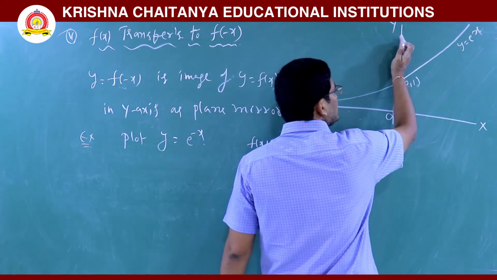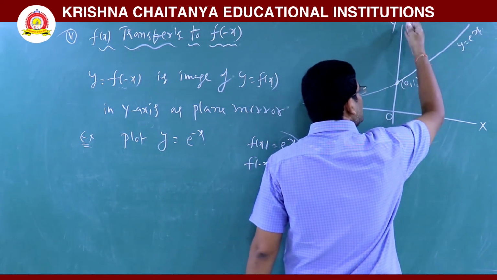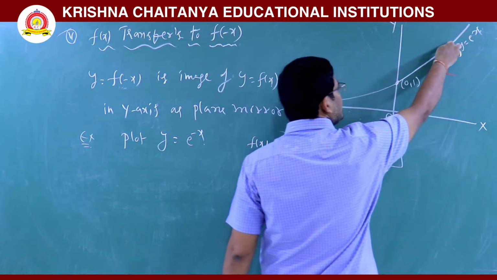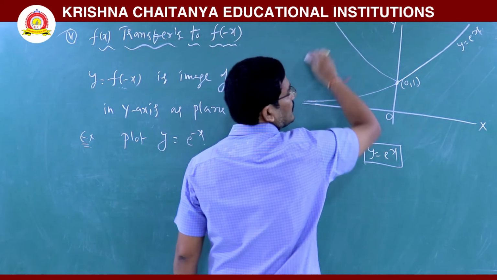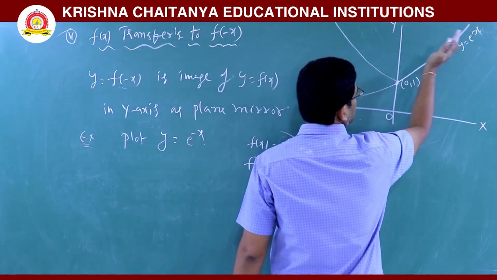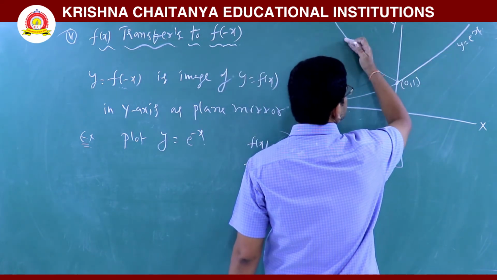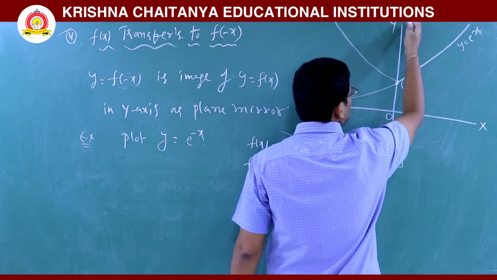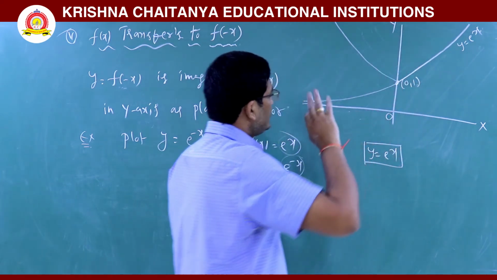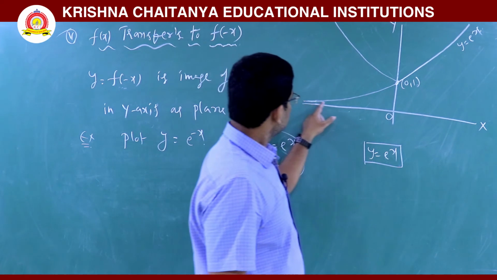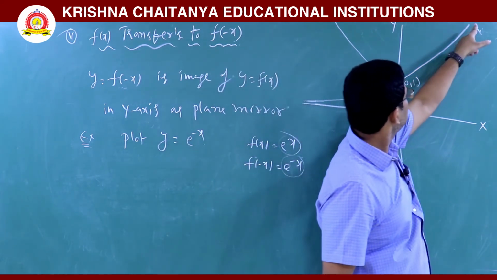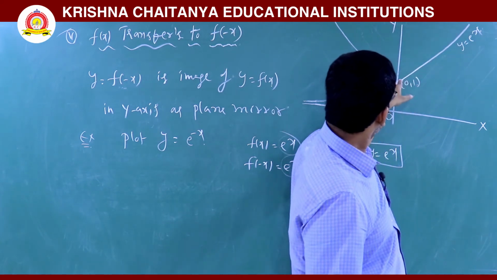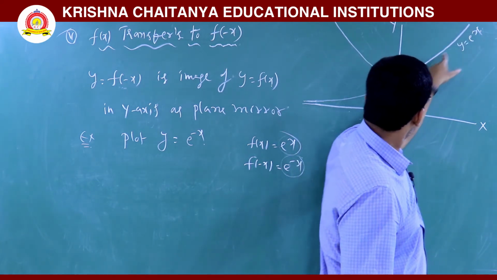With respect to this mirror, the image of this part should be like this. This is the image of this curve in this mirror. In the same way, it is also y equal to e power x for this part.